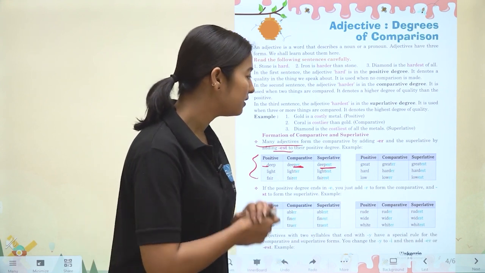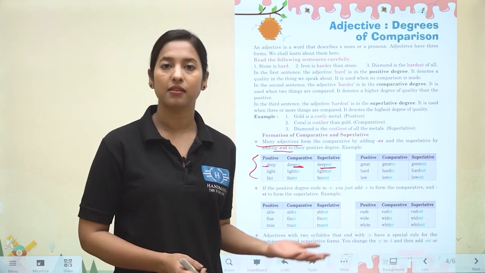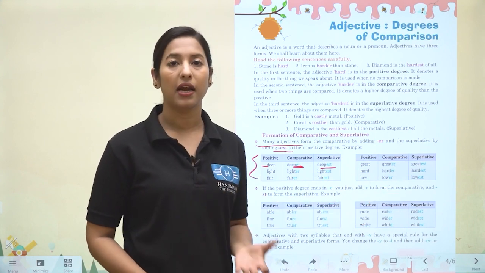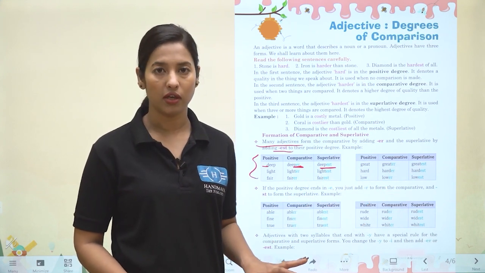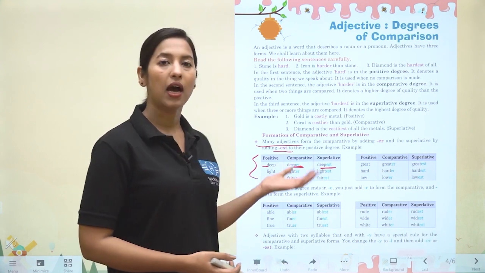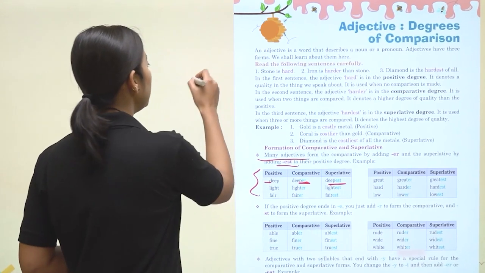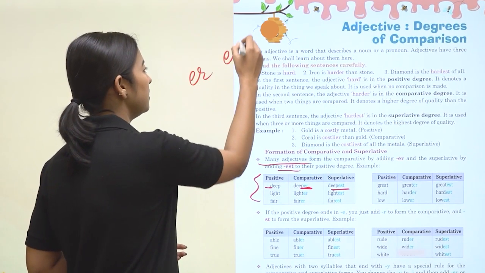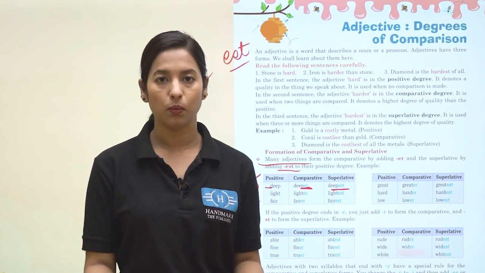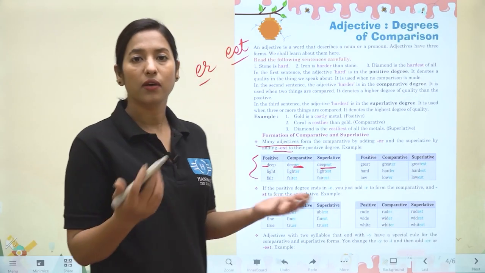Now the second rule says that there are some words that already end in E. Here we had some words ending in different consonants or vowels. But what if we have some words which are ending in E? Since we add er and est to make the comparative and superlative degrees, if a word is already ending in E, why would we add one more E to it?